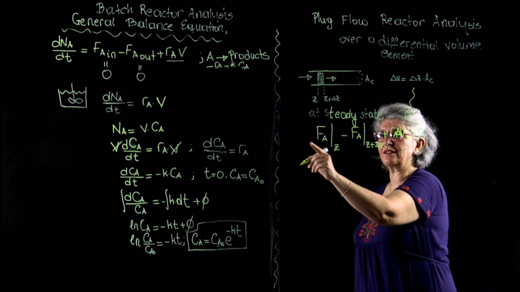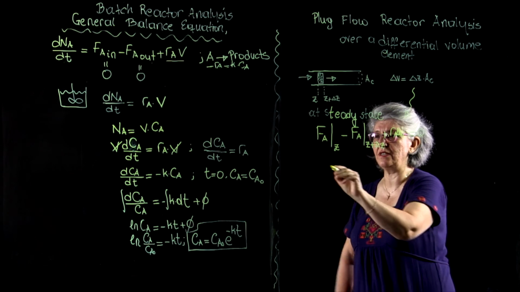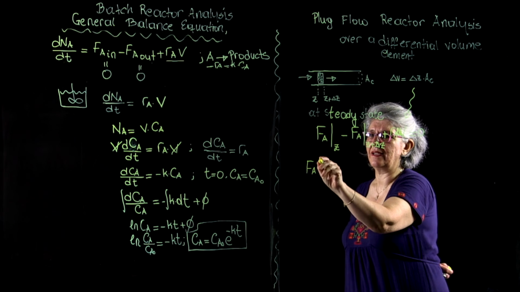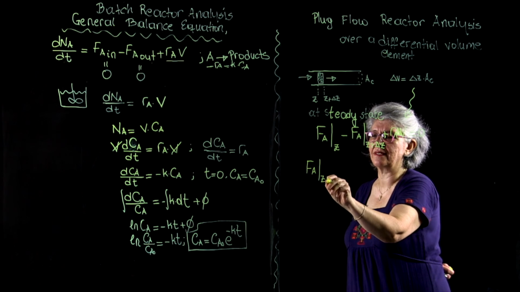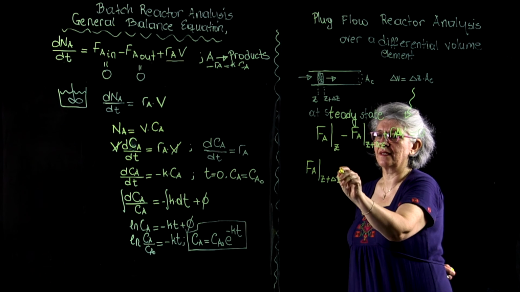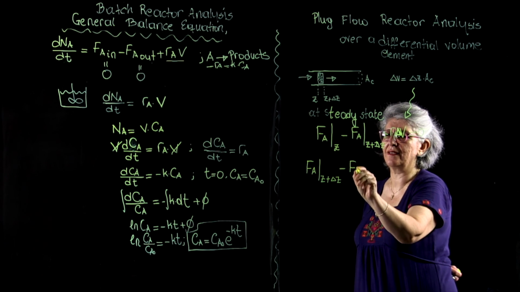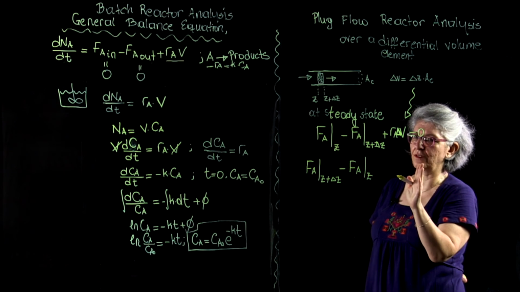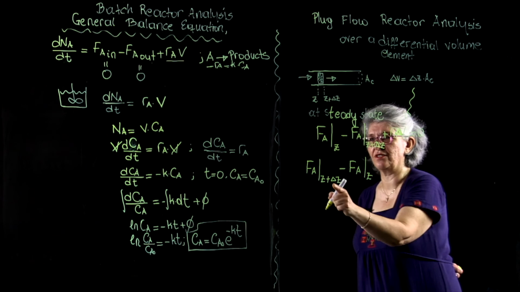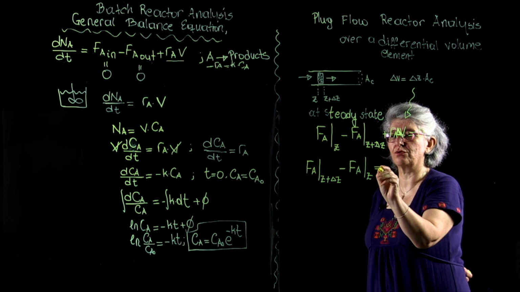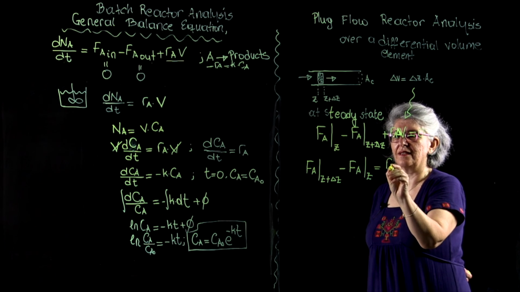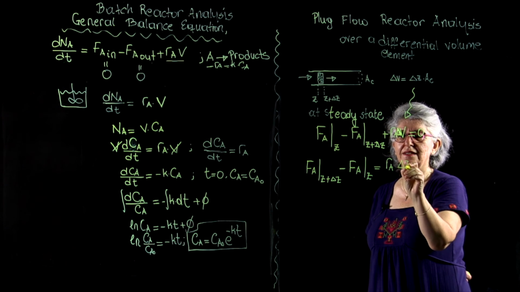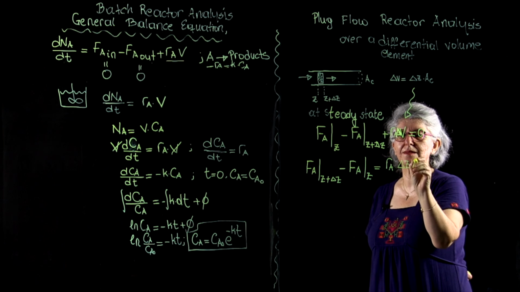First, I will take these to the other side of the equation: Fa at Z plus delta Z minus Fa at Z. They change sign. Is equal to Ra times delta V. Delta V is equal to delta Z times A sub C.